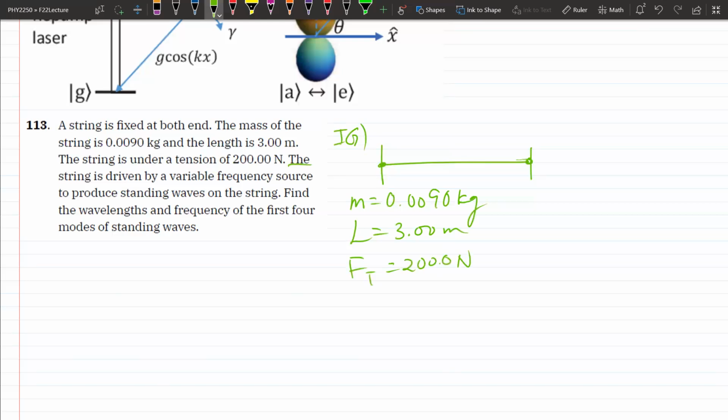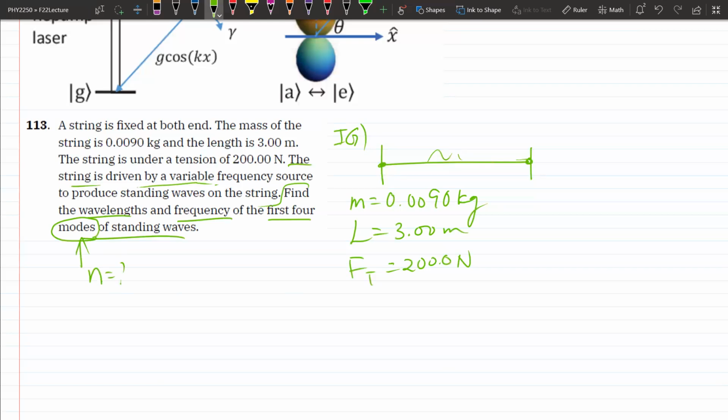The string is driven by some variable frequency, so someone is basically just plucking the string. The question asks you to find the wavelengths and the frequencies of the first 4 modes. This word modes tells you what n is.